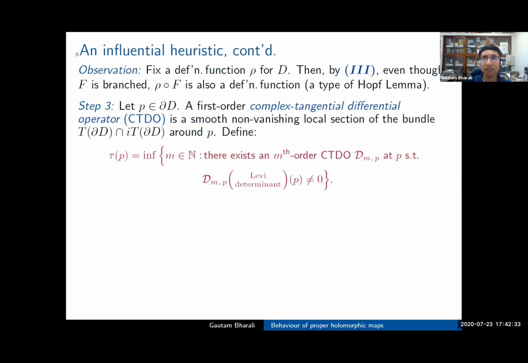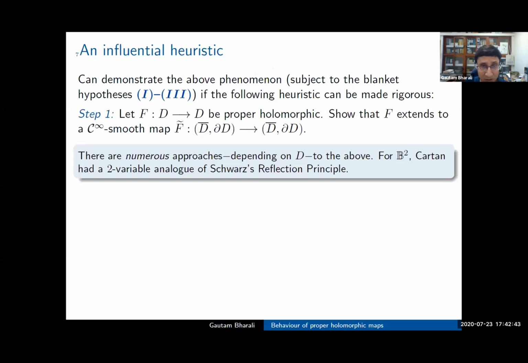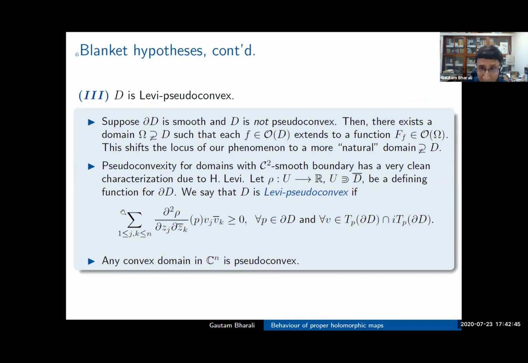All right, what does that mean? I need to explain what I mean by the Levi determinant. This is an excuse to introduce a term, a piece of jargon. Remember this quadratic form. When this quadratic form is restricted to this specific subspace of the ambient space, the form that I get is called the Levi form, right?